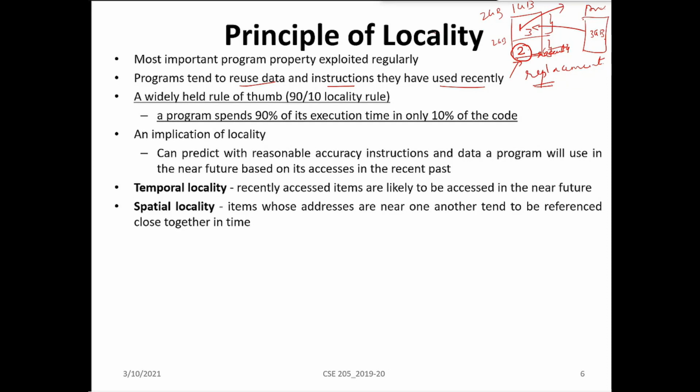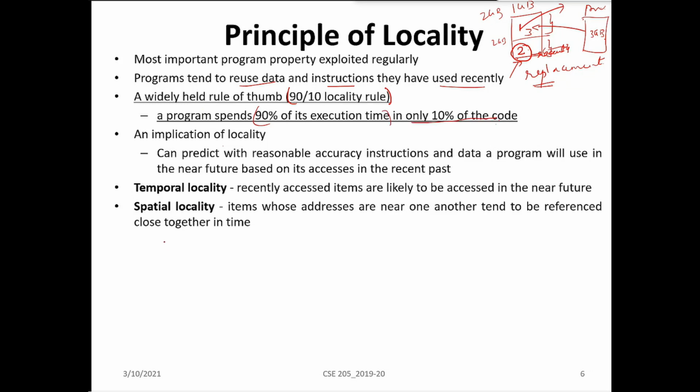In some way we need to predict which block has to be in memory. So we have a rule of thumb, the 90/10 rule: a program spends 90% of its execution time in 10% of the code. That is very important.